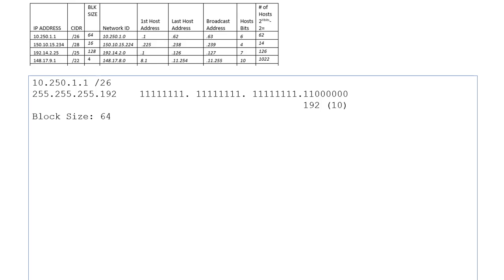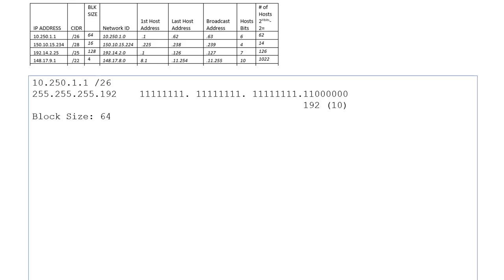Now what this tells you is that we're working with a block of addresses that consist of 64, and specifically if we take the block size, and you subtract 2 out of that, that will give you your number of hosts. So let's do that.